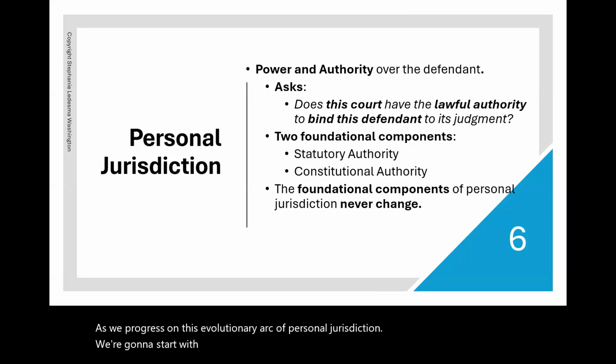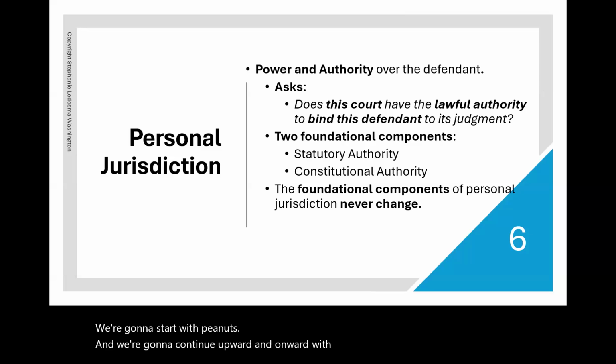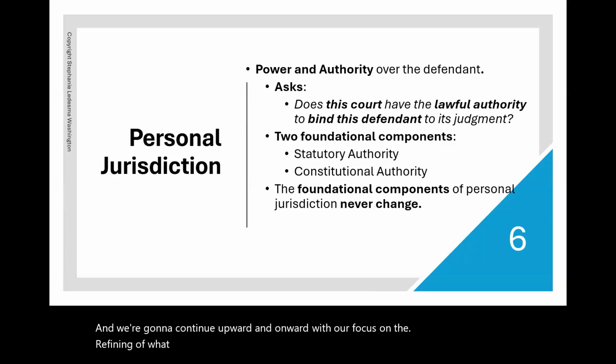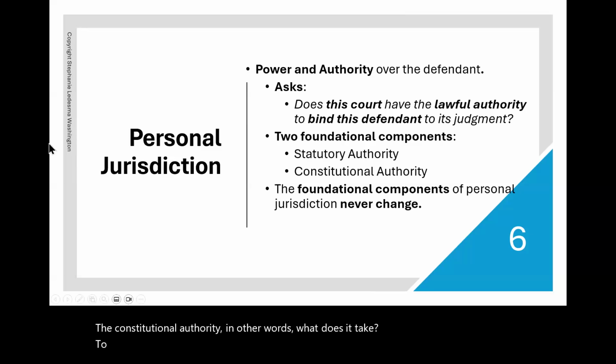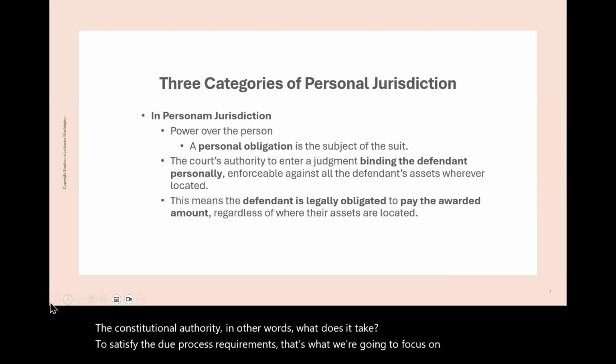Neff, and we're going to continue upward and onward with our focus on the refining of what is required to meet the constitutional authority. In other words, what does it take to satisfy the due process requirements? That's what we're going to focus on as changing. Okay.